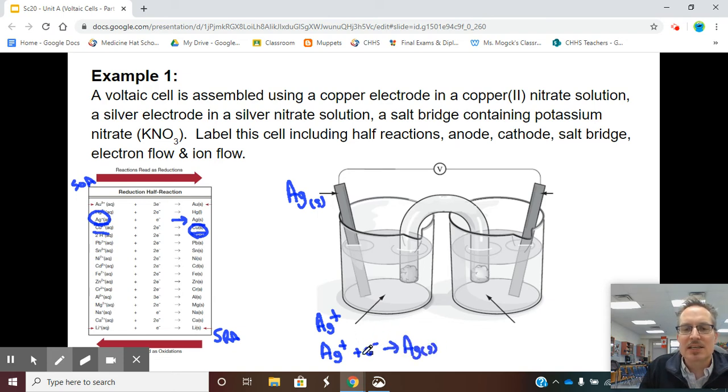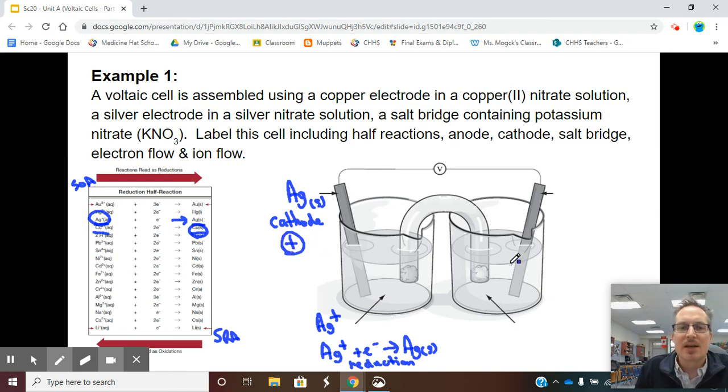Gaining electrons, this is going to be reduction. Well, since I know this is reduction, this has to be the cathode.